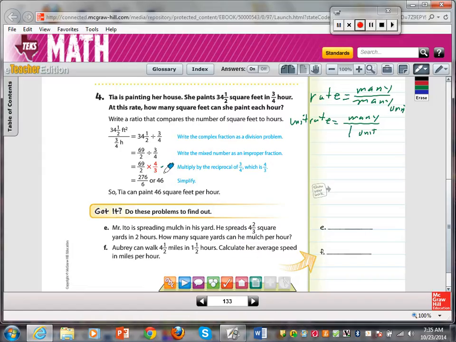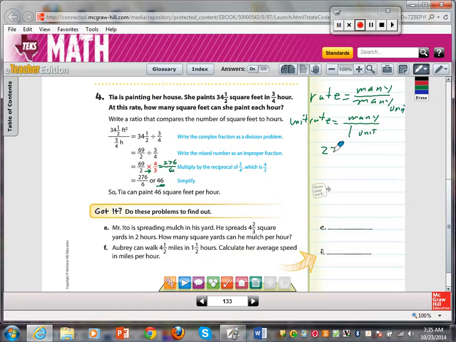Now 69 times 4, this could be simplified, but in this case, they just went straight through. 69 times 4 is 276. And then 2 times 3, this part right here, is 276 over 2 times 3 is 6. That's how it got here. Now from here, you actually have to divide it to get your real answer. So let me go ahead and do that division here.